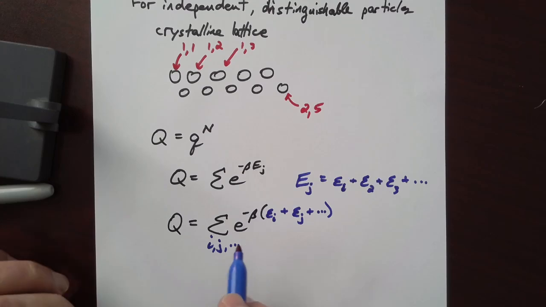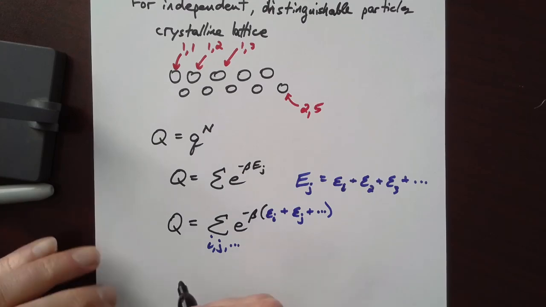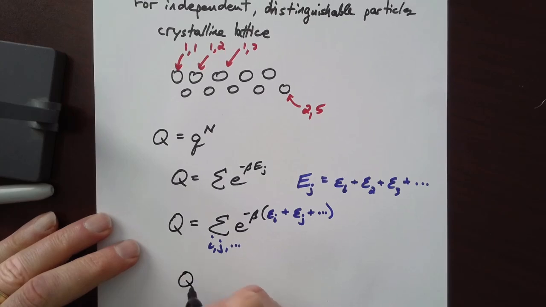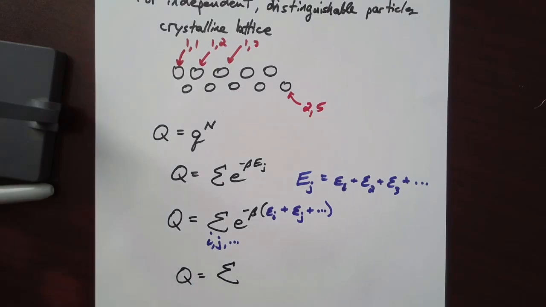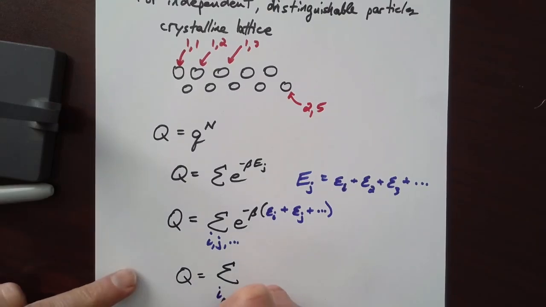So when I do that, I can write this as Q equals the summation, and then I've got my indices, i, j, and so on.